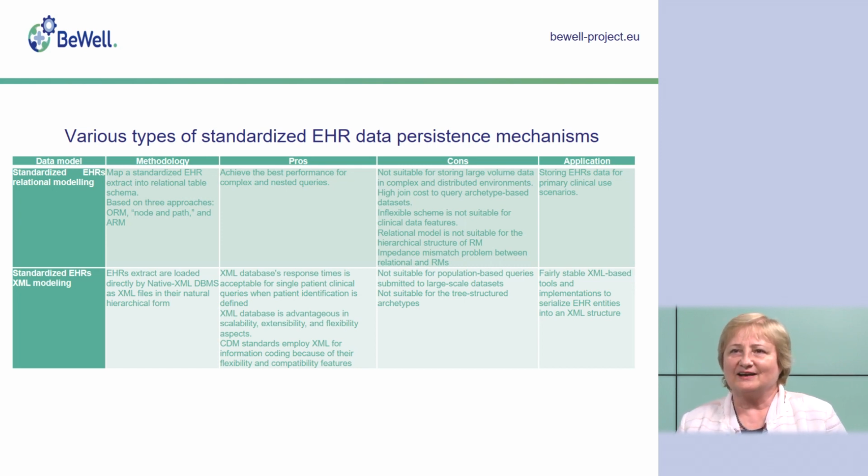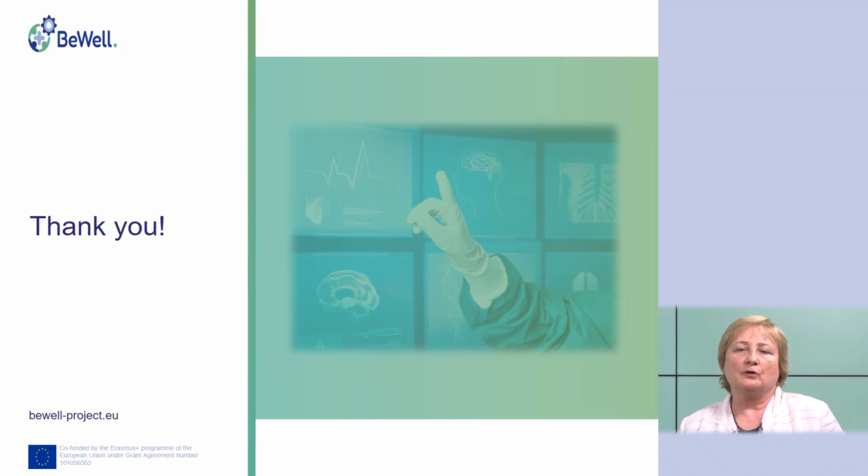Pros: the best performance for complex and nested queries. And also the application is to store electronic health records data for primary clinical use scenarios. These are the most known and most reliable models, and I thank you for your attention.